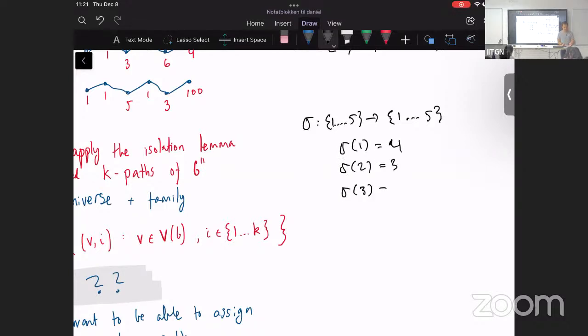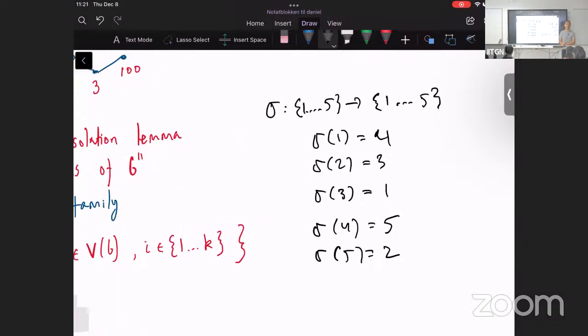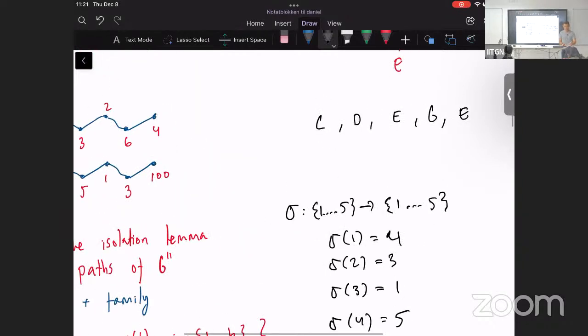Sigma 3 equals 1. Sigma 4 equals 5. Sigma 5 equals 2. This is a function, right? It's a permutation from 5 to 5. Yes? The pair W, sigma is a multi-labeled walk.